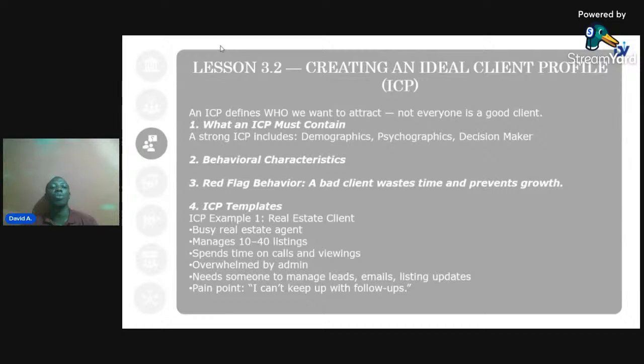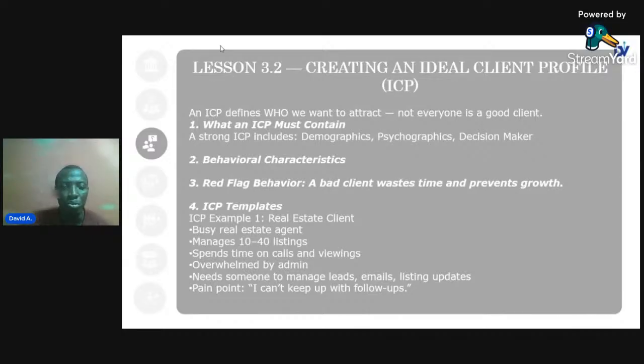Number one, the demography. That's demography in terms of location. You can jot down, I believe you'll be jotting down, in terms of location, in terms of industry, the company size. What is their company size? The revenue range. How much do they earn?